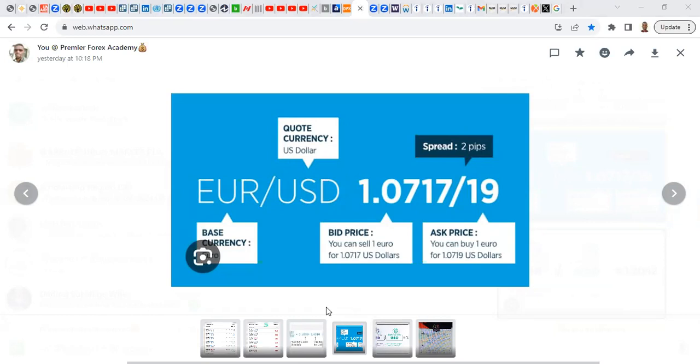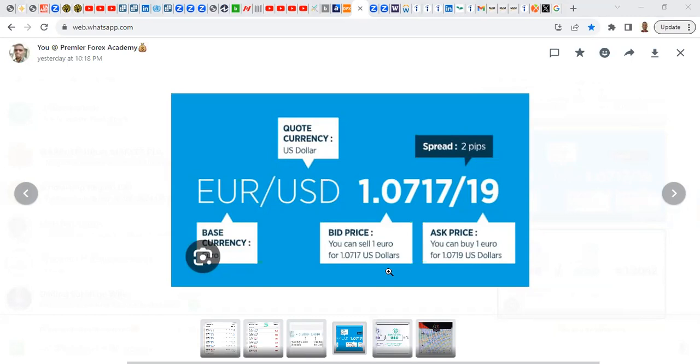So now the bid price, say you can sell €1 for 1.0717 US.